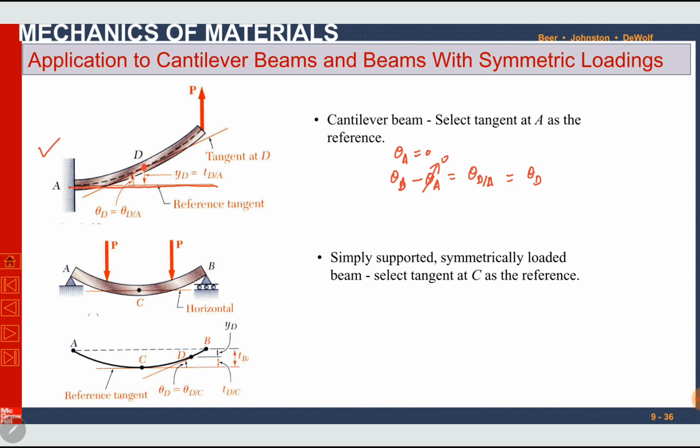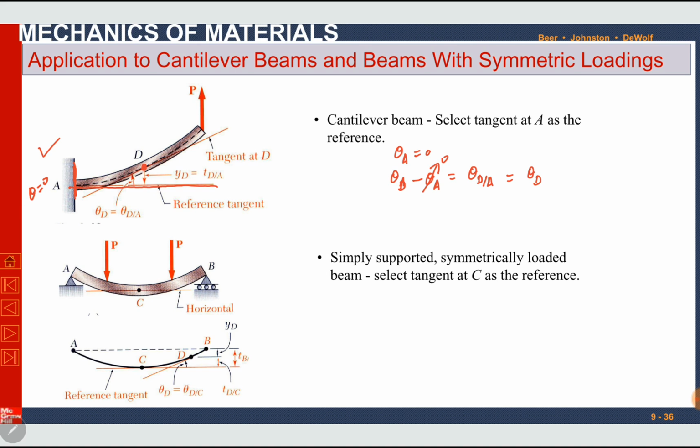So in any cantilever beam, the slope at any point can be found using the first moment area theorem. We have to take the fixed point as our reference point because at the fixed point theta is always 0.